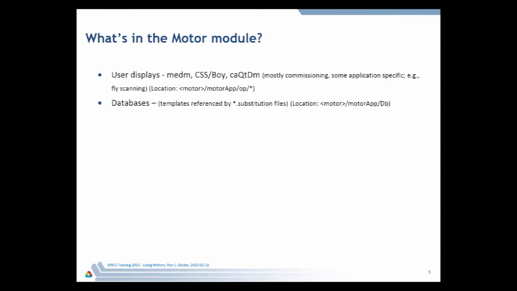Another thing that's in the motor module is databases, which are primarily substitution files or files that are referenced by substitution files, and then when the startup command runs, it's going to run a db load template, which will load the actual motor records at runtime. There are also some application-specific databases in there, some to do with fly scanning again.